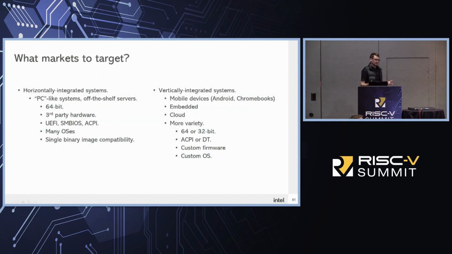Okay, so what markets are we targeting? This specification targets two different kinds of worlds. And the most interesting one, which maybe prompts this spec to exist, is what I like to call the horizontally integrated systems, right? So these are PC-like systems: PCs, servers, and laptops.